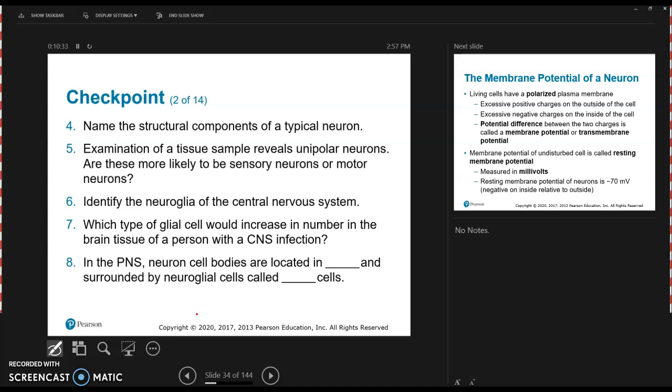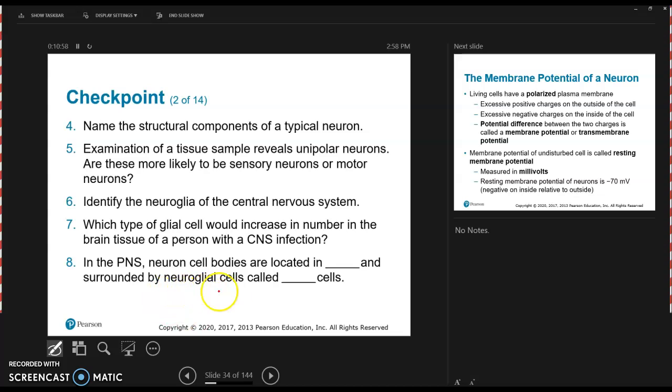Identify the neuroglia of the central nervous system. So make sure you can describe, name and define the astrocytes, oligodendrocytes, microglia, ependymal cells, satellite cells, and Schwann cells. There were 6 of them. And make sure you know if they're found in the central nervous system or the peripheral nervous system.